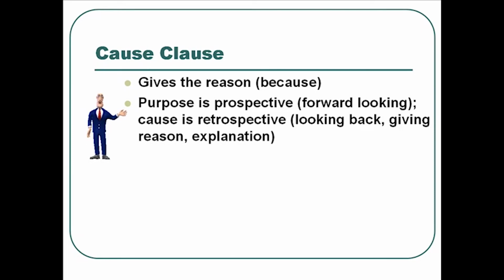It gives a reason for why something was already done. So it's looking backwards and giving an explanation. He did this because of something. And I think Dan Wallace, who developed this prospective, retrospective distinction, really is helpful. Purpose clause, prospective, intention, goal. Causal clause, retrospective, looking back, giving an explanation for why something was done.